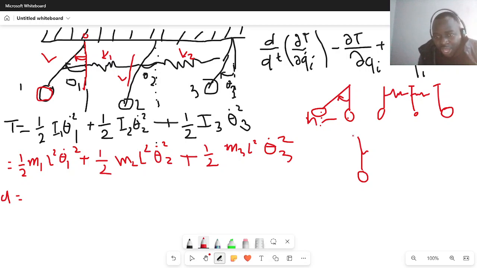Now, do you agree? As I move this, let's say this is the spring. Do you agree that the spring energy, remember, we say it is half kx square? The extension created is simply the distance between the initial position of this cord of the pendulum and the final position.